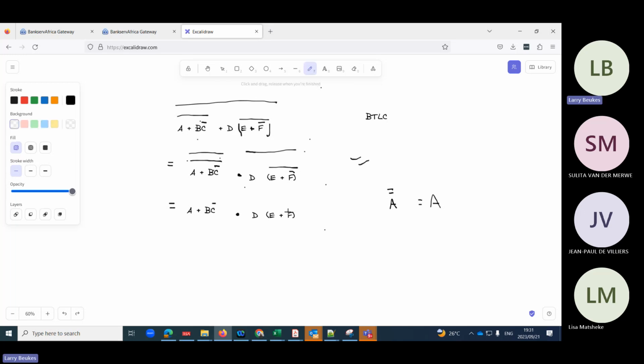Then the F is complemented, right? Then there's this big one that complements E and F. Then this one has to be split in half now. So it's gonna take here and here. Then we're going to change the sign in between. So like this, it was multiplication, right? So we're just gonna change it into an OR. Instead of an AND, it's gonna be an OR.